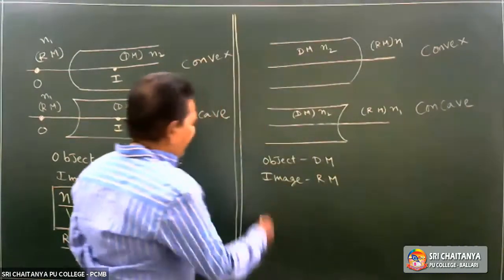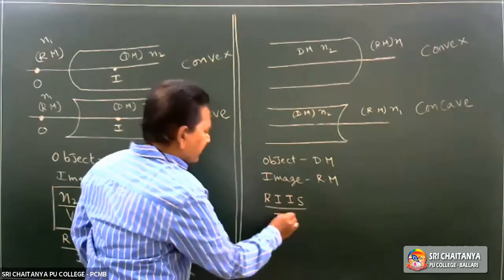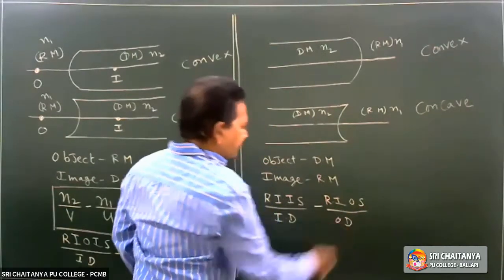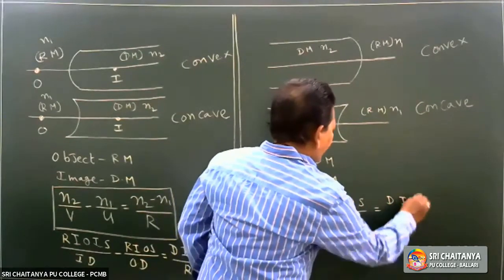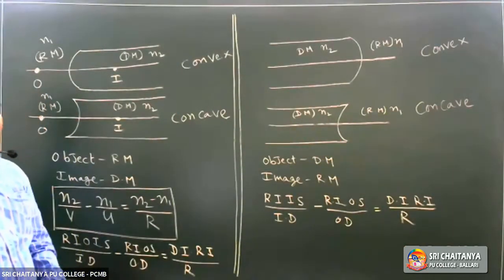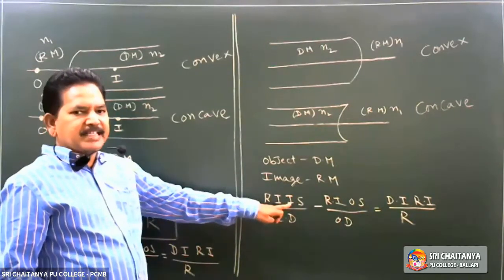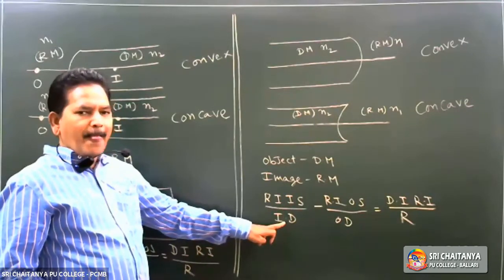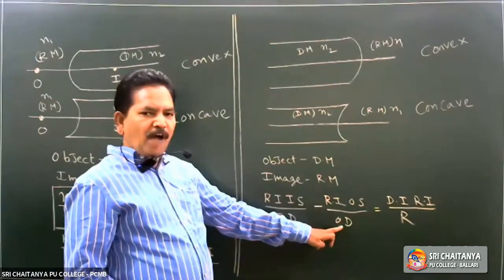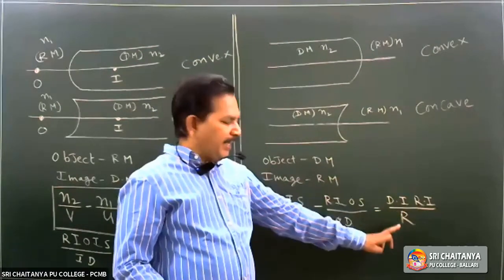The general formula for refraction at a spherical surface is the refractive index of image space by image distance minus refractive index of object space by object distance is equal to difference in the refractive indices divided by radius of curvature.